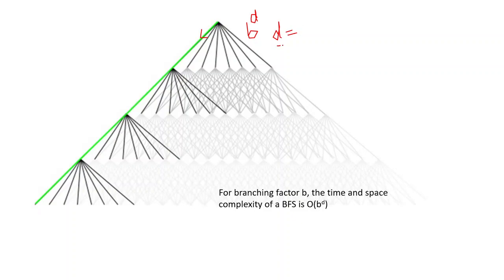Okay. So in the case of breadth first search, at each level you need to explore the number of nodes in that level. So at each level the maximum number of nodes explored is B to the power D, and that gives the time and space complexity of breadth first search.